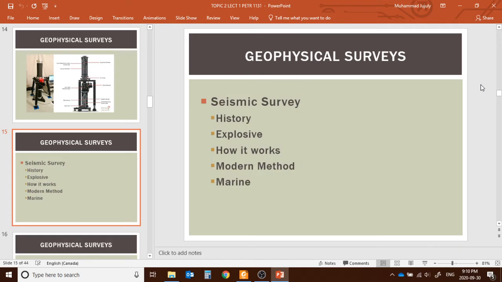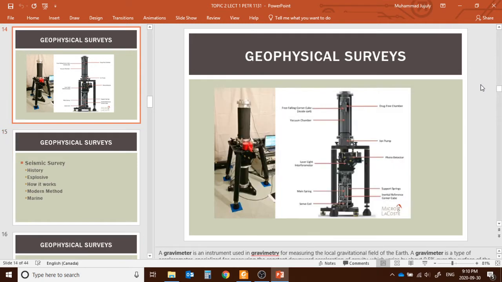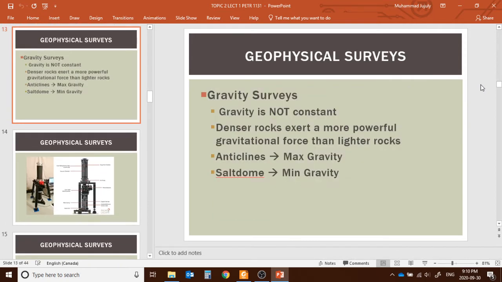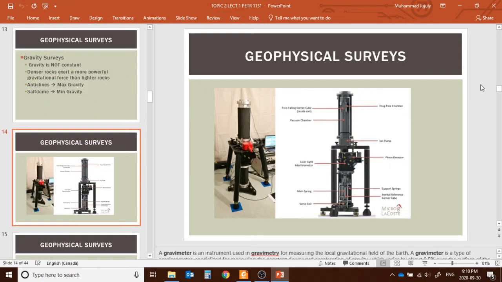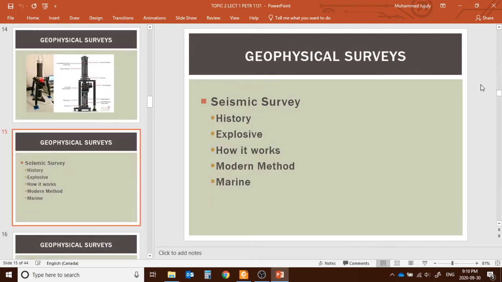Okay, now, these gravity surveys or this electromagnetic survey are like pre-surveying. They can get some data, give us more information and narrow down the field. But ultimately, we do the geophysical survey, which we call the seismic survey.